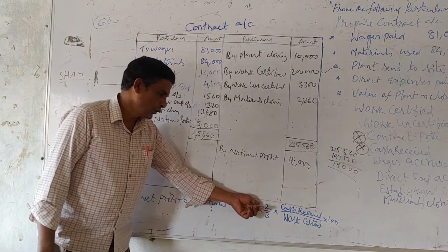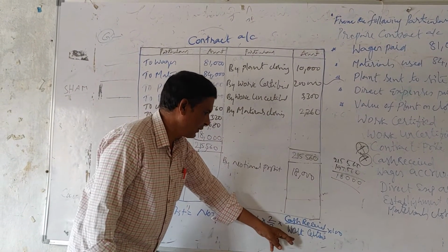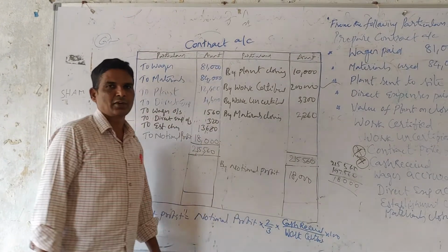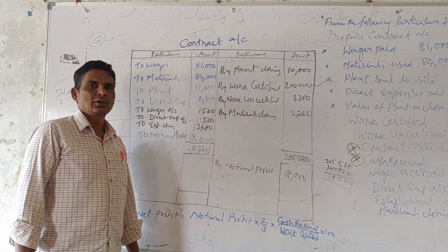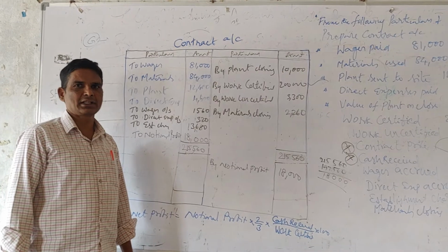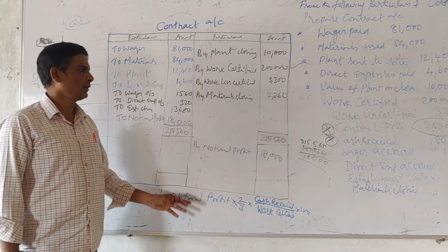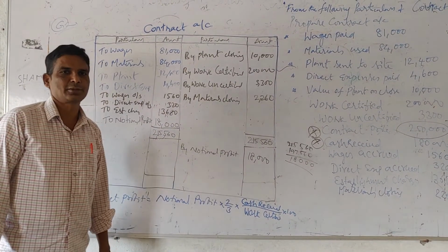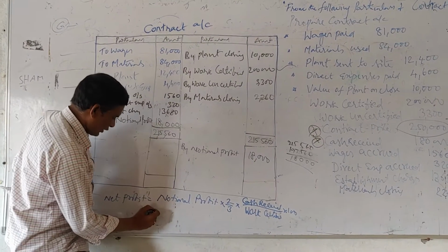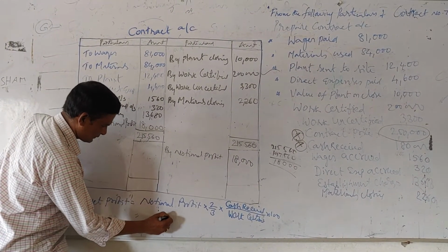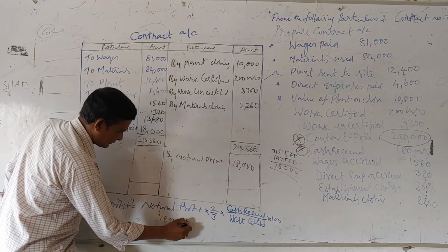Notional profit into 2 by 3 into cash received by work certified into 100. This is the formula. If work certified is less than 50%, then the 2 by 3 is replaced by 1 by 3. So here, notional profit is 18,000 into 2 by 3.